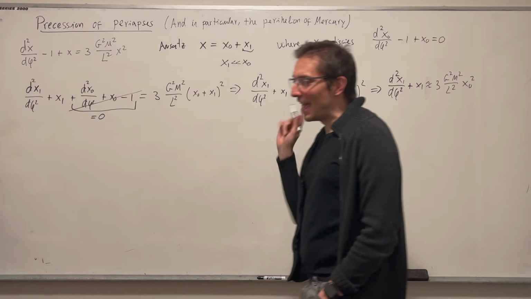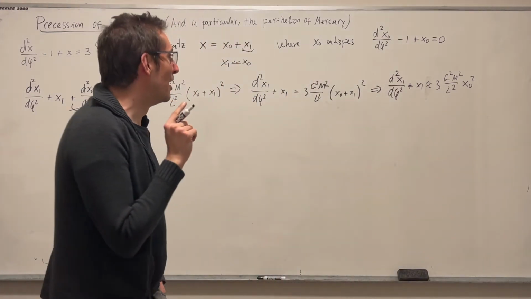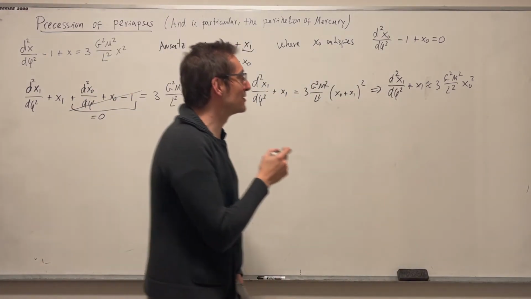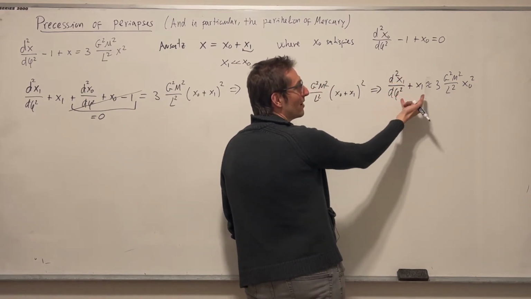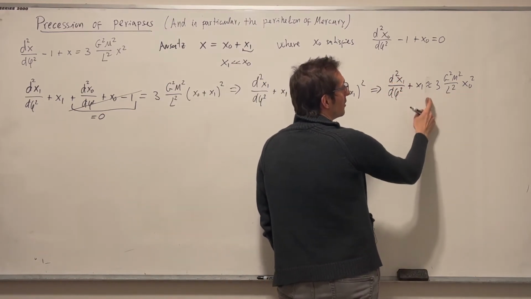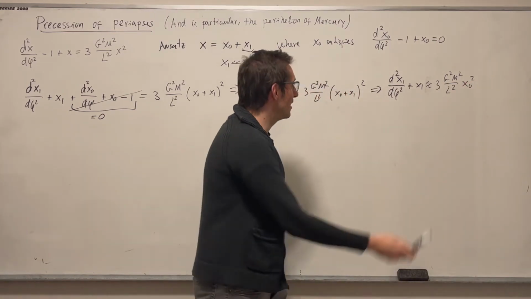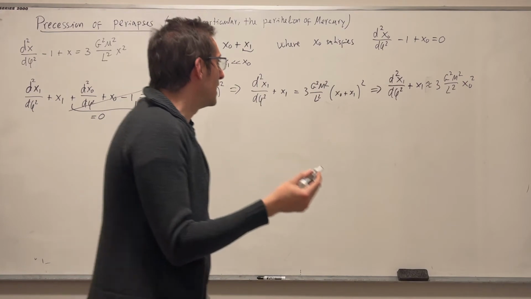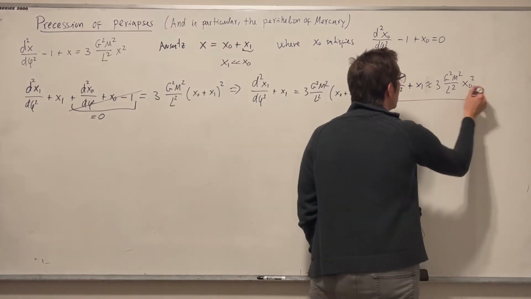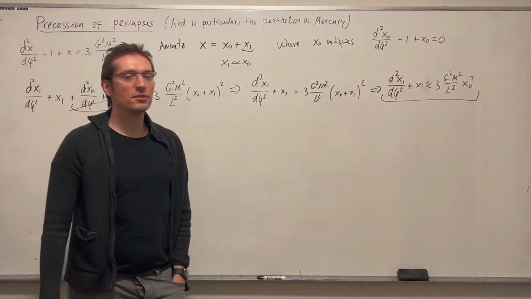So now that is an easy equation. Why is it an easy equation? Because now this equation is linear. It's a second order linear equation with an inhomogeneity, but it's linear because the unknown here is x1. So if I know the solution x0, I'm going to know the solution to the full problem.